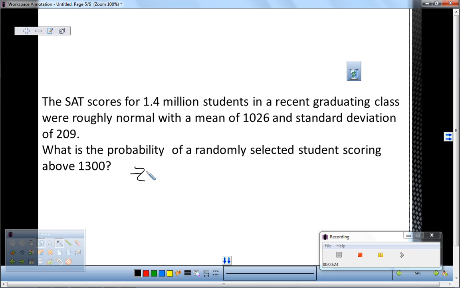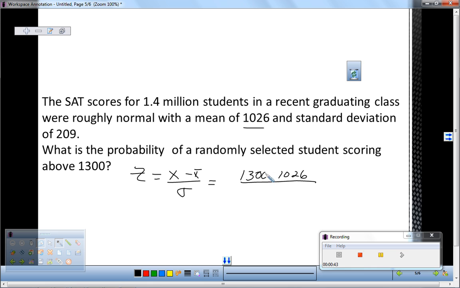Okay, the first thing we need to do is calculate our z-score. A z-score is going to be x minus x bar over our standard deviation. Now, this is our mean, so that's the 1026. 1300 is what we're looking at.